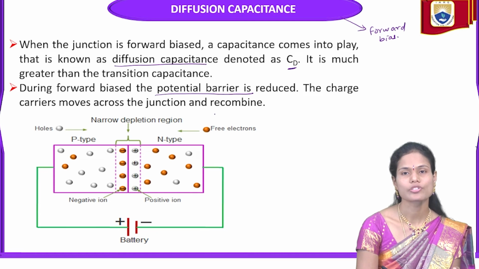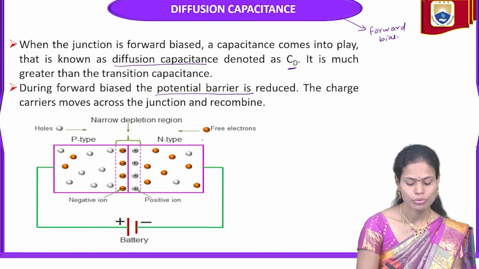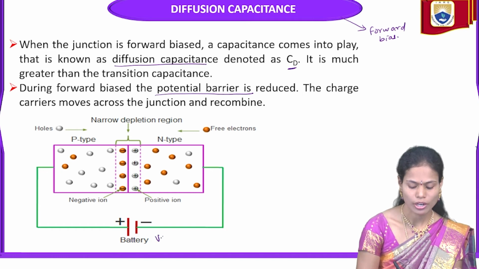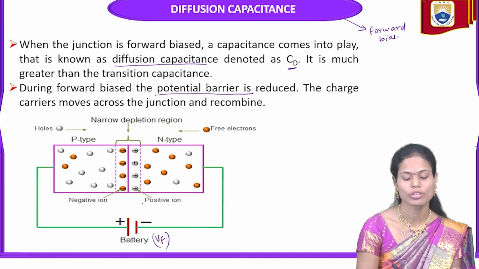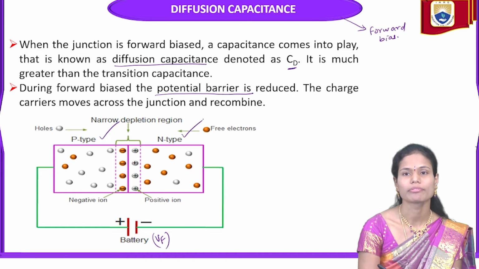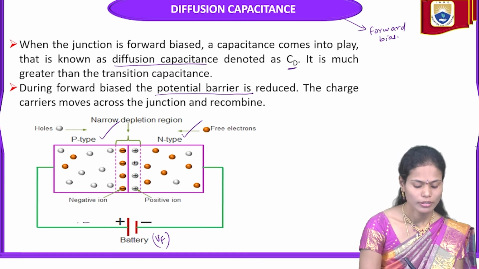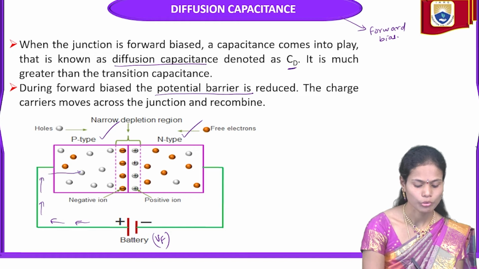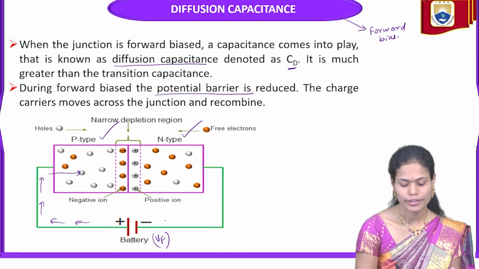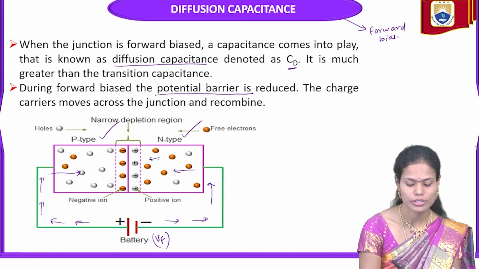And the charge carriers move across the junction and recombine here. In this case, we are providing the forward bias voltage VF to the P type and N type of the PN junction diode. Once we provide it this way, the holes are repelled from here and move towards the junction, and here the electrons are also repelled from the battery and move towards the junction.